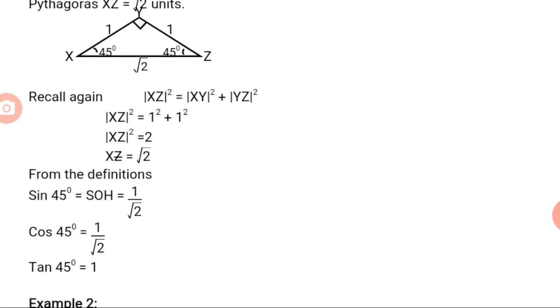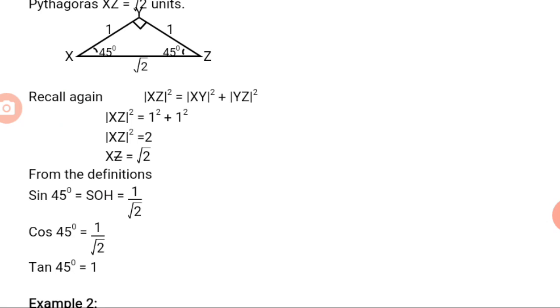Therefore, cos 45 degrees is 1 all over root 2. From this, we can infer that sine 45 degrees is equal to cos 45 degrees, which is equal to 1 all over root 2. Are we together?